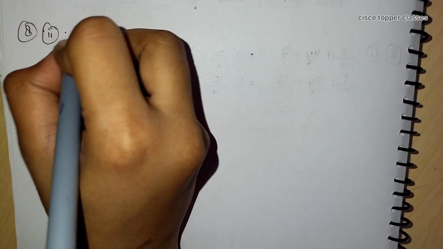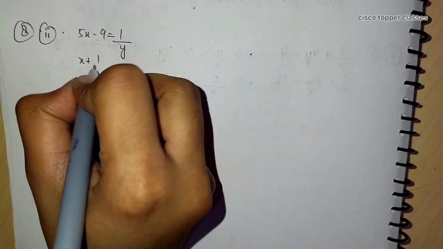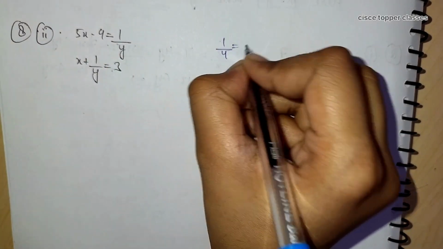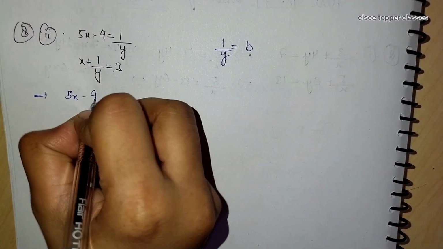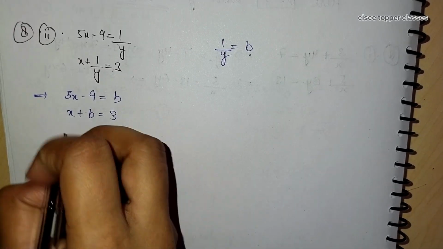Now let us solve 8th second part. So the first equation is 5x minus 9 equal to 1 by y and x plus 1 by y equal to 3. We can put 1 by y equal to b. So 5x minus 9 equal to b, and here x plus b is equal to 3.